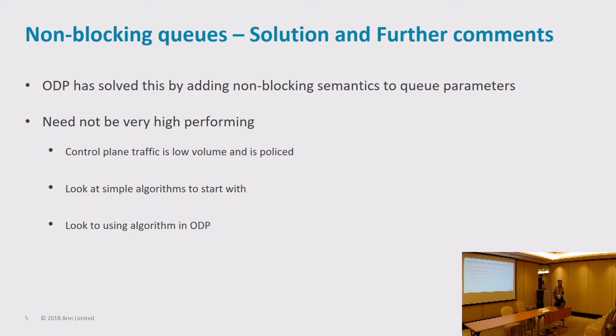We also have the algorithm implemented today in ODP. We can look at that algorithm. Then we also have some internal algorithms that we are working on. So I think this would be one good addition to DPDK from our perspective.